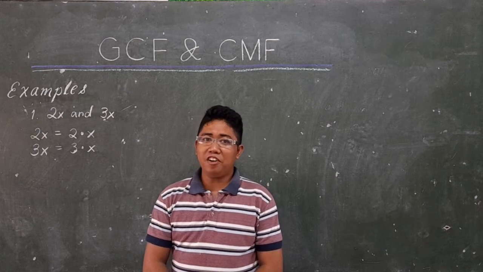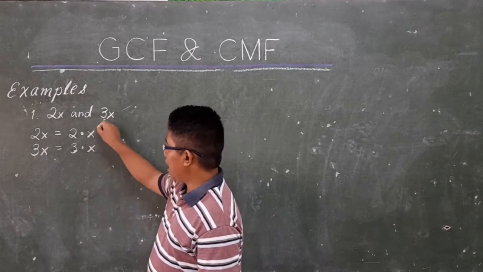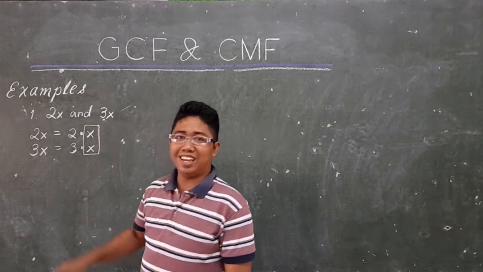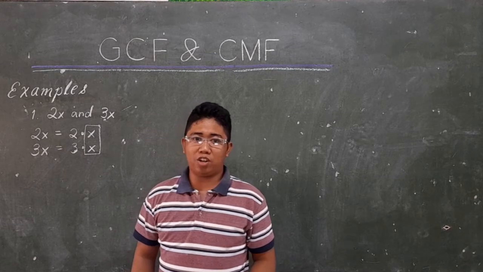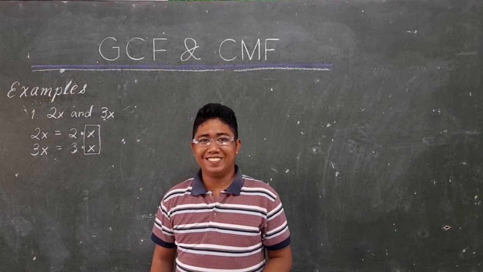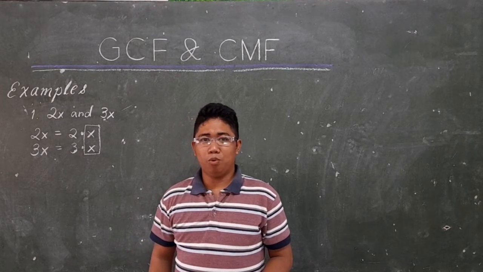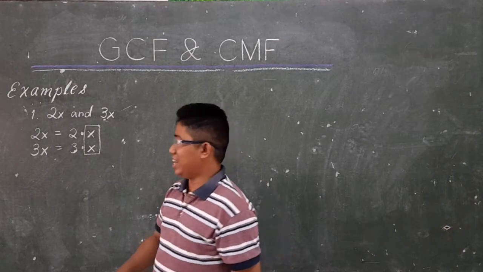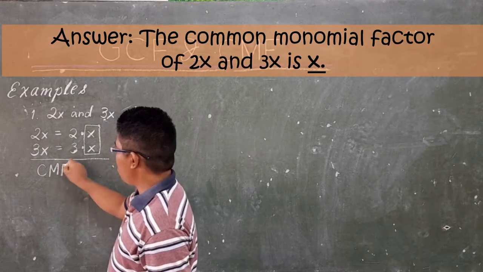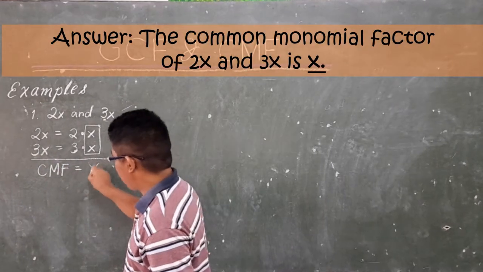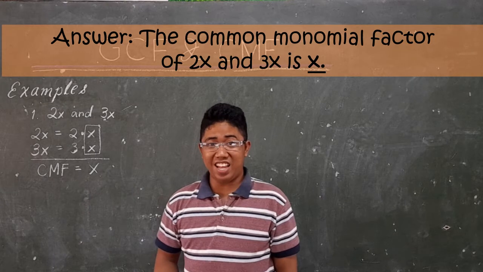Here the common one is the literal coefficient x. So now, what is our GCF, or the CMF rather? We have the x right now. So our CMF or common monomial factor is x. Did you get it, students?